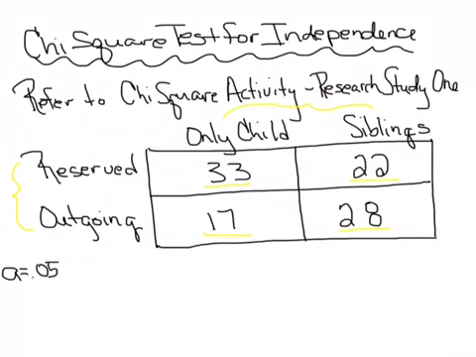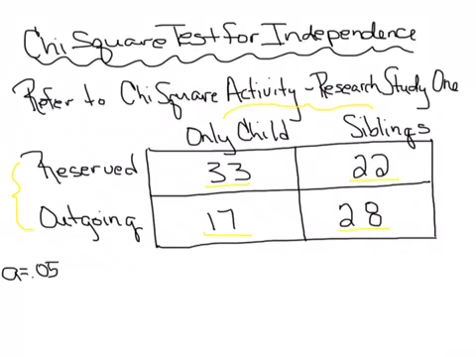And then same with the only child. We were given 17 who were outgoing, the remainder were reserved. So that's how I completed that 2 by 2. You just have to work through it and figure out what your variables are, how many categories are in each variable, and then start plugging things in.